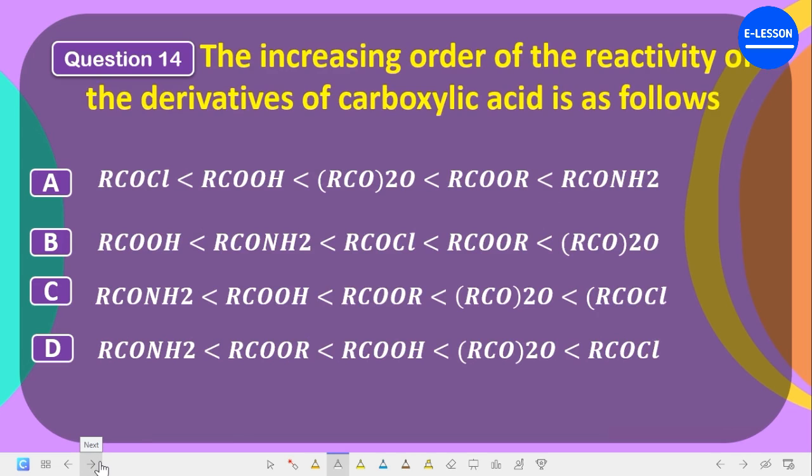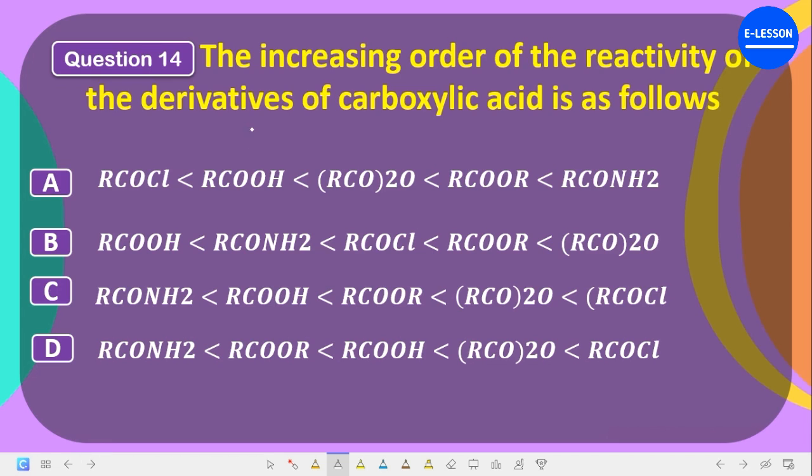Now, can you guess the answer to this question? The increasing order of the reactivity of the derivatives of carboxylic acid is as follows. What do you think will be the correct answer? Now, the higher the ability of the group attached to leave, the higher the reactivity.